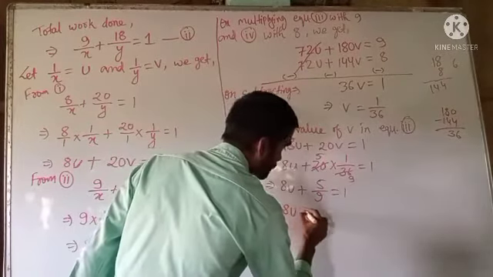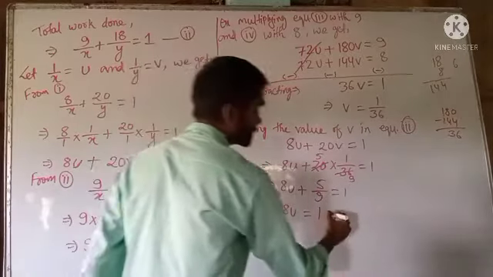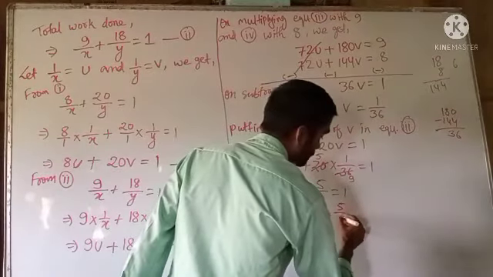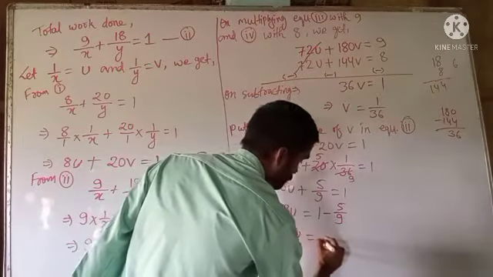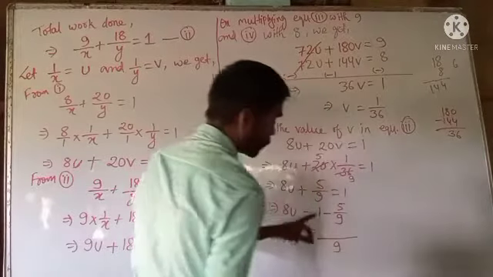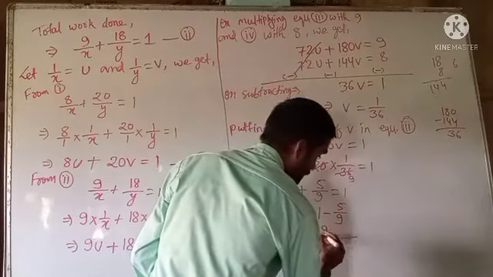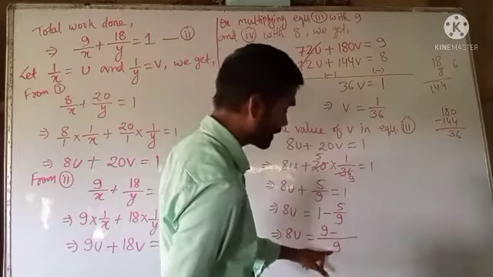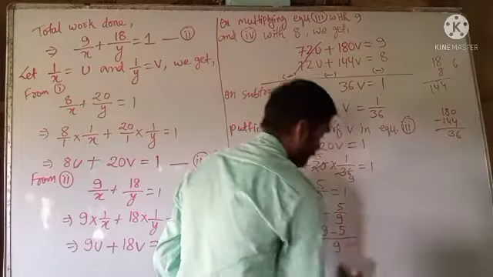Now 8u is equal to 1 plus 5 by 9. We are transferring on the other side, it will change into minus 5 by 9. Then 8u is equal to, we'll take the LCM here, that is 9. 1 into 9 is 9, minus 5 by 9 into 9, 9 will be cancelled, so we'll get here 5.